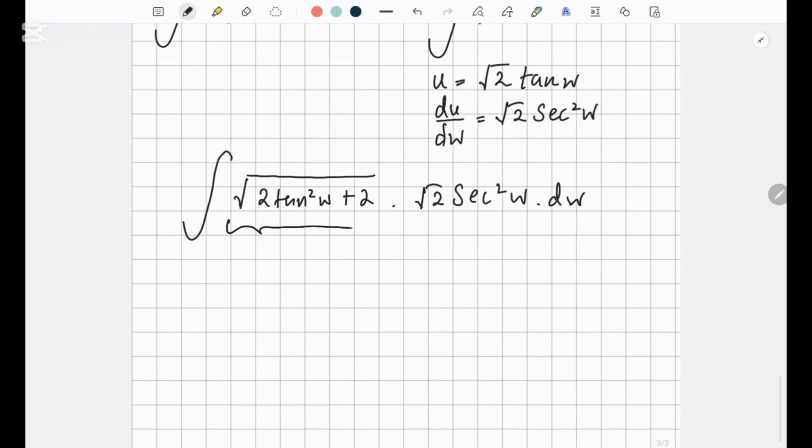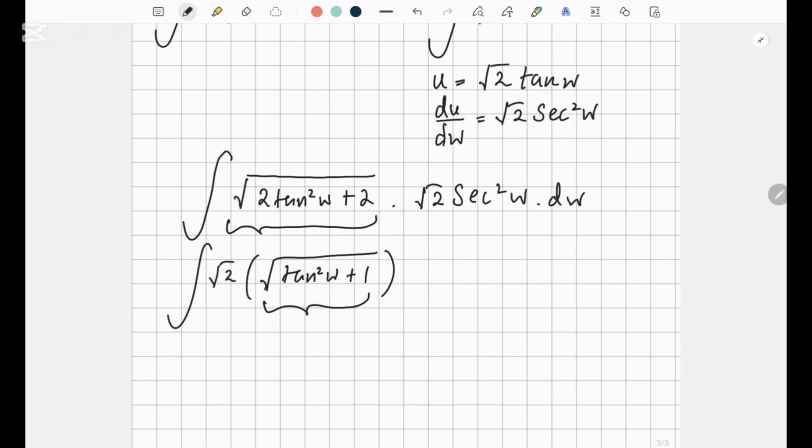So what does this become? The square root. So you have 2, you can factorize 2 out. So it's going to be root 2 into tan squared w plus 1. You'll have root tan squared w plus 1. So what does this give you?